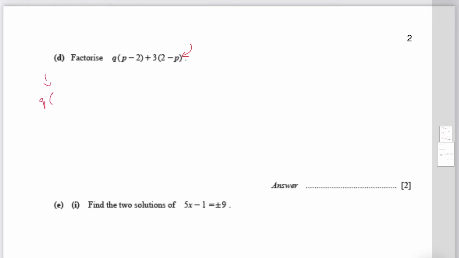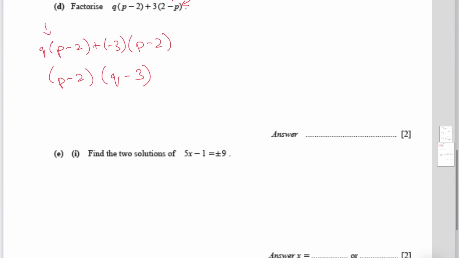So q times p minus 2 can remain as they are, plus if you take out the negative sign from this factor over here, you can write negative 3 times p minus 2 and it is actually the same thing. So you rearrange this. One of the factors is p minus 2 and the other factor is q minus 3 and that is your answer. So you write over here p minus 2 times q minus 3.